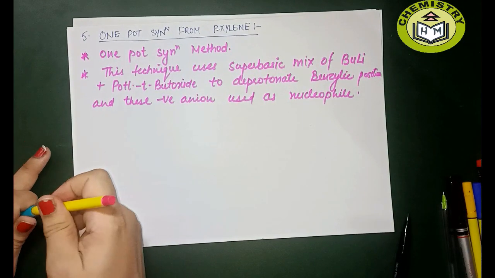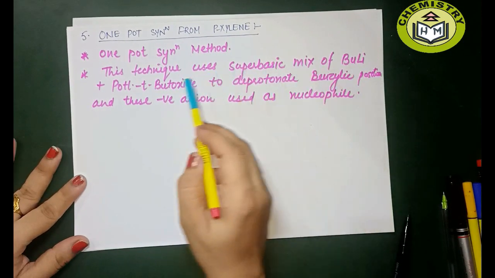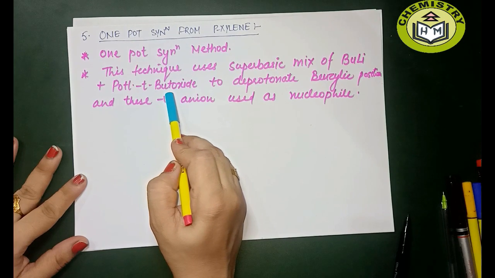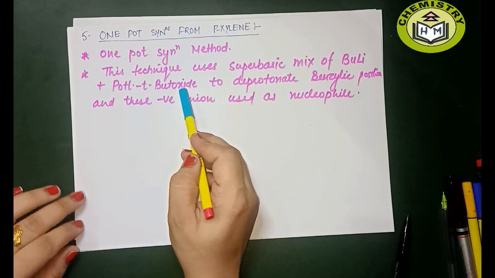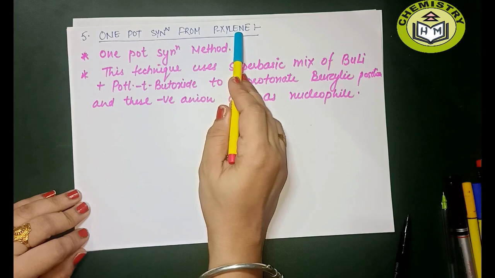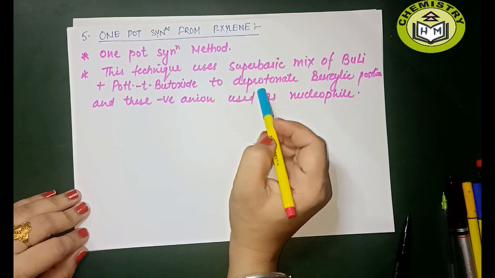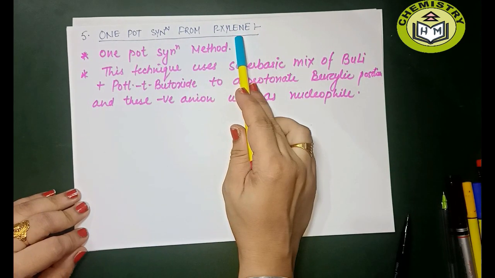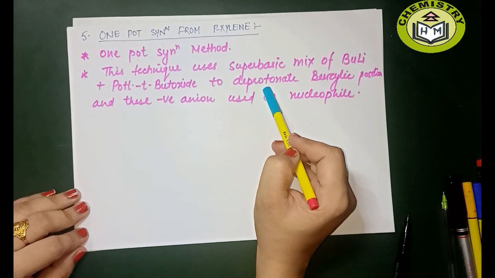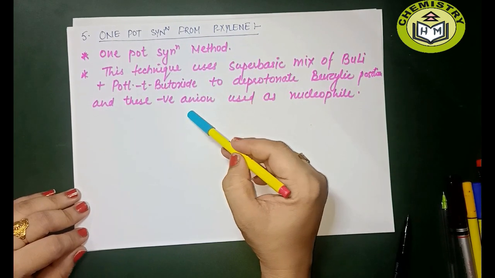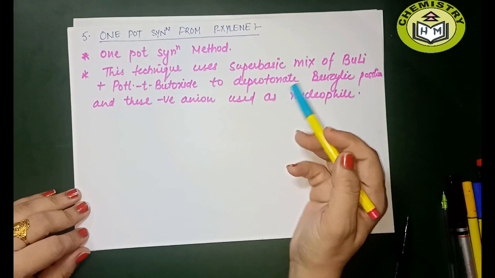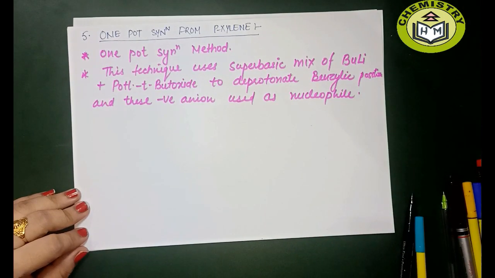In this we have to take the super basic mixture of butyl lithium, potassium tertiary butoxide, right, and we have to take paraxylene. What it will do, it will deprotonate the benzylic position. When we remove the hydrogen from this side, it will become a negatively charged anion and it will act as a nucleophile.